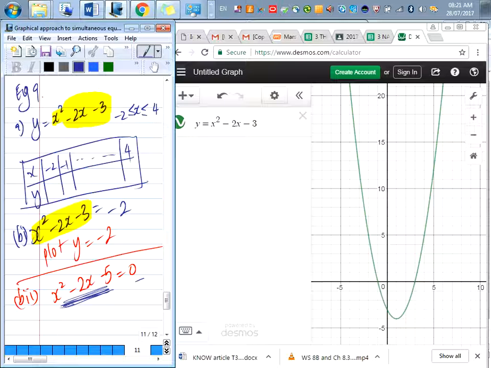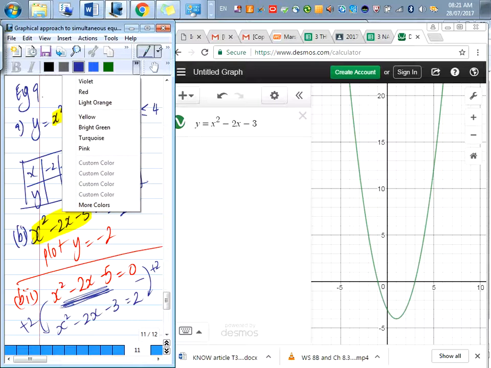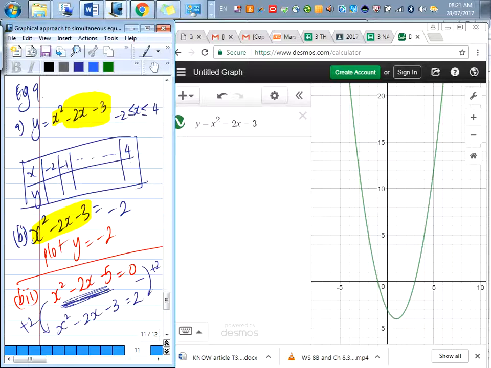Because if I add 2 on both sides, you see what happens, plus 2, plus 2, I will get x squared minus 2x minus 3 equals to 2. Right? Agree now? If I add 2 to both sides, then isn't this the same as all these highlighted parts?